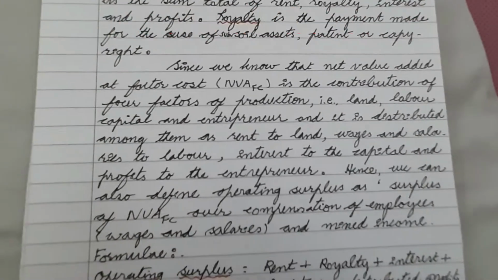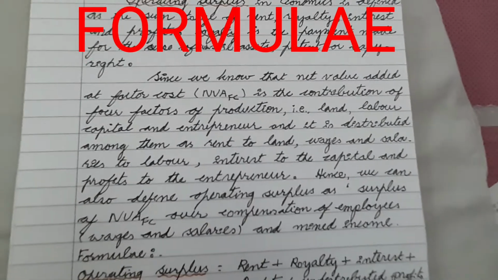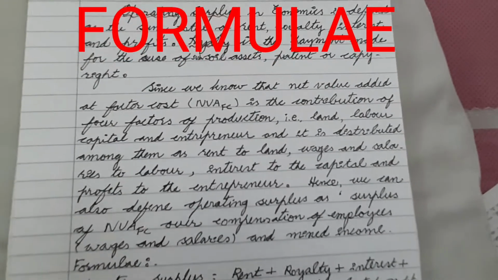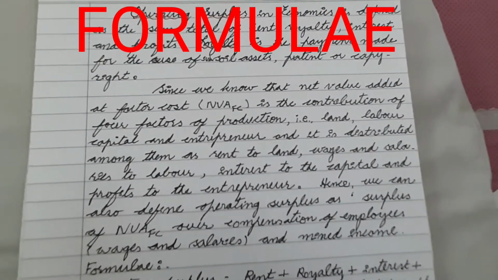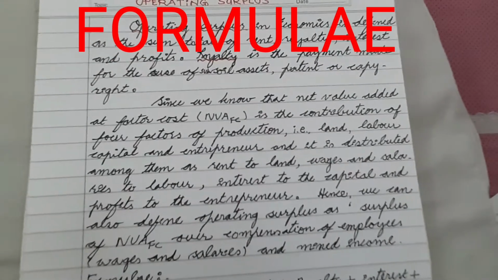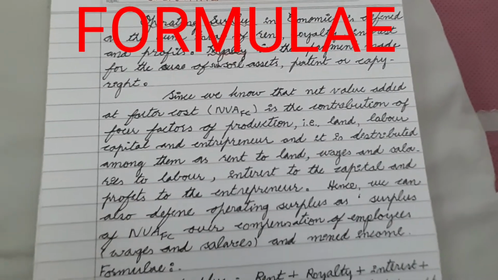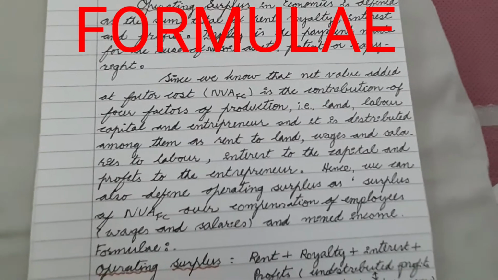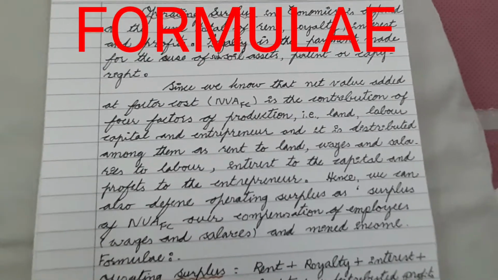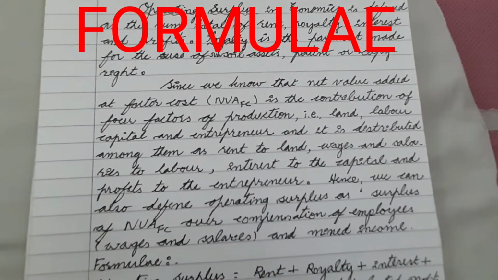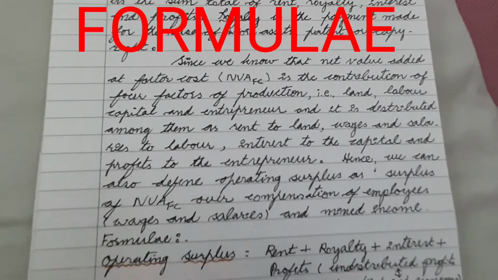So the formulas we have: operating surplus, there are two ways of finding it out. Rent plus royalty plus interest plus profits, or operating surplus is equal to NVA at FC minus COE minus mixed income.